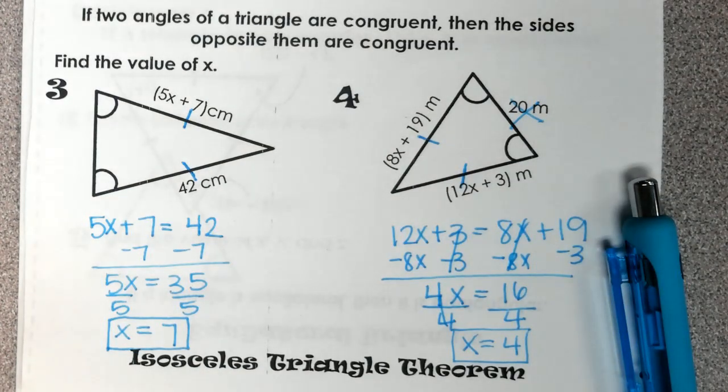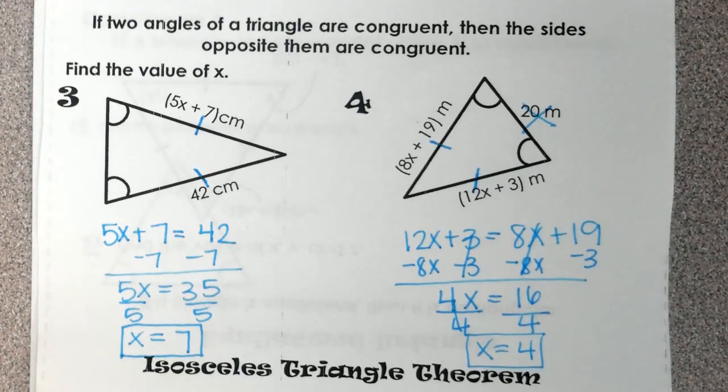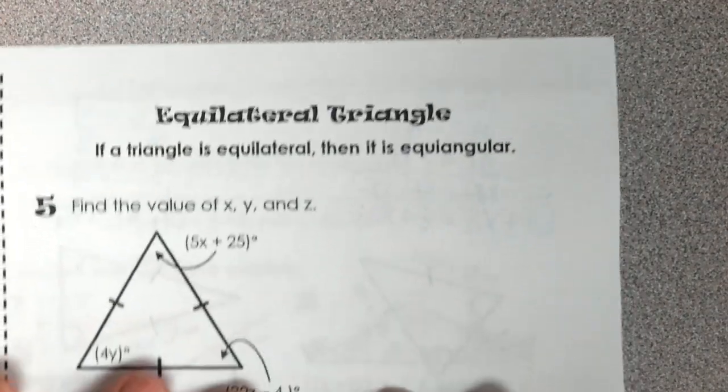What do we know about equilateral triangles? Oh, I see somebody writing this down, so I'm going to give them a minute. Equilateral triangles, what? Congruent. What's congruent? All sides and all angles are congruent. What else do we know about equilateral triangles? All angles equal 60. So, open up. Look at example 5.